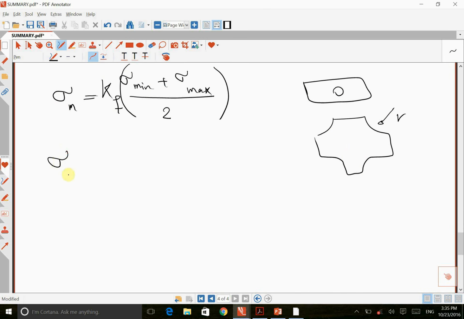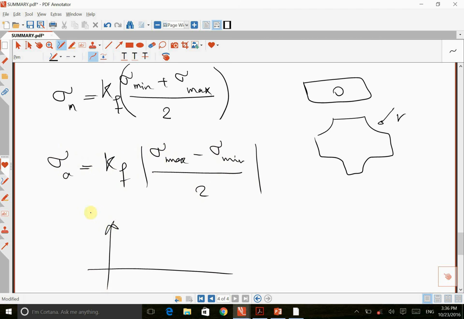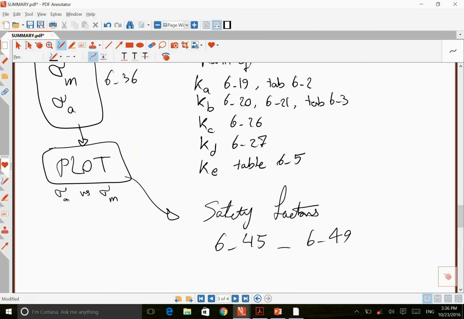And the same thing happens for alternating stress, so that will be KF times the absolute value of maximum stress minus minimum stress divided by 2. And we're gonna plot sigma a over sigma m for these evaluated numbers.